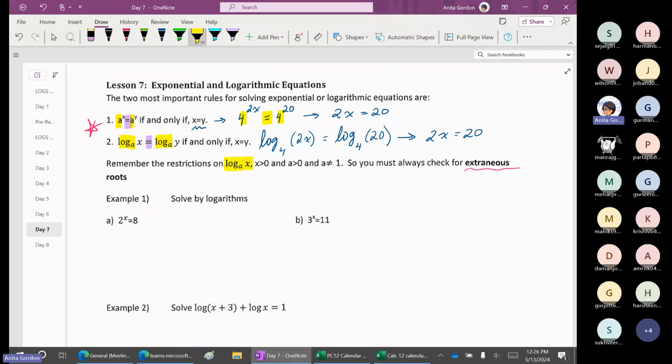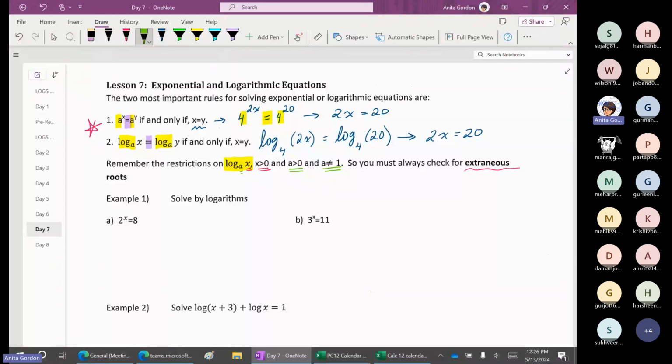We are going to look at the equation, and we have to remember that for a logarithm to work, the inside of the log must be a positive number. So whatever's on the inside must always be positive. And the base of the log must be a positive number, and it cannot be 1, because remember, when we have an exponential with a base of 1, we actually just have a flat line.